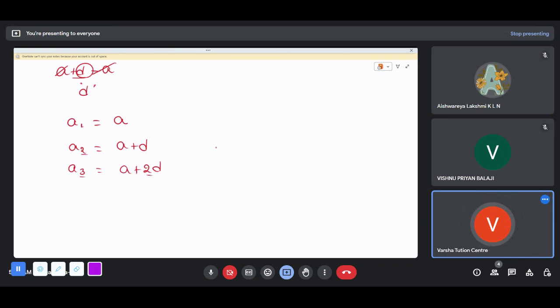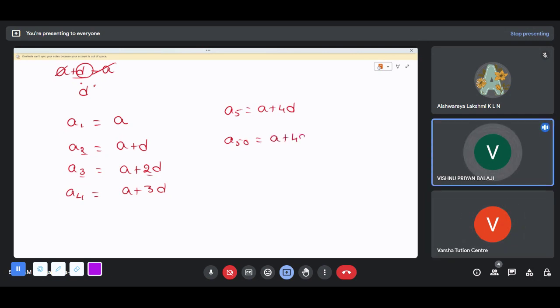Whenever 2, here 1. Now A4 will be A plus 3D. What about A5? A plus 4D. Very good. A50 formula: A plus 49D.